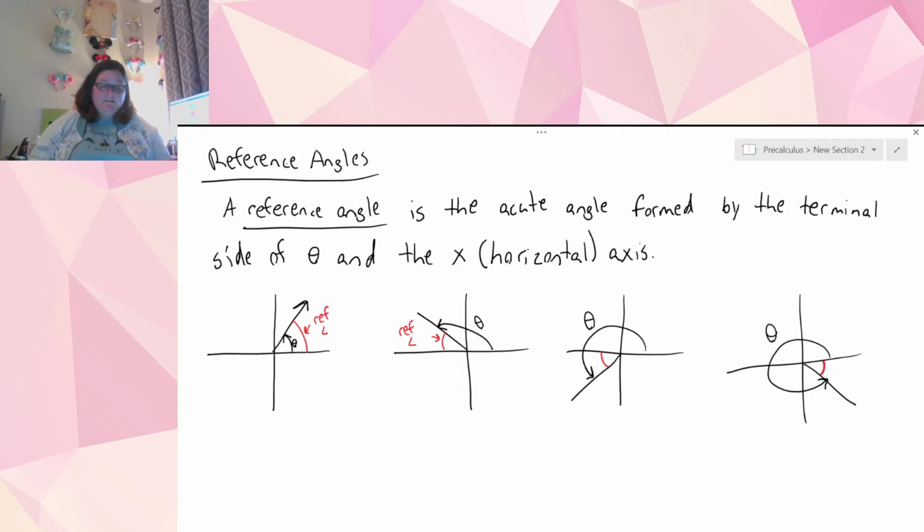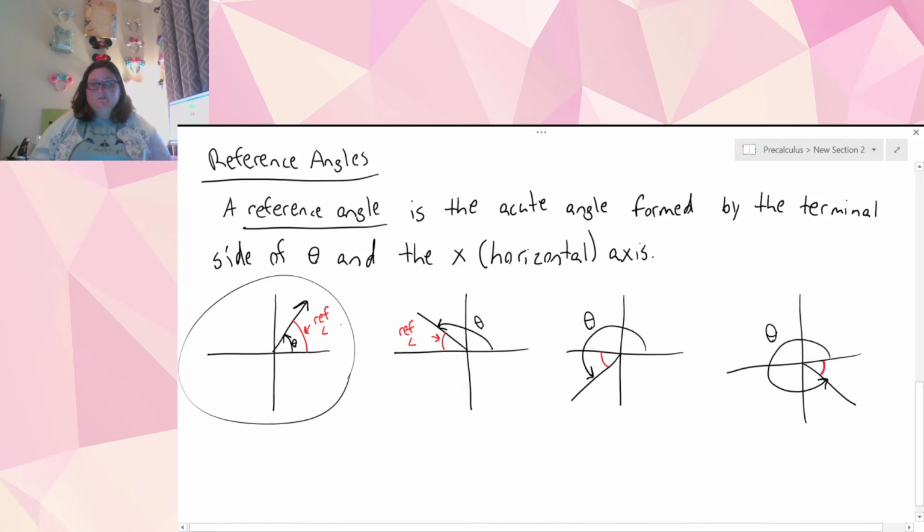So the way we calculate our reference angles, for the first one, there's not any calculation to do because that angle should be an acute angle. So whatever the angle is, that's my reference angle. For the second one, we do 180 minus theta, or if you're in radians, pi minus theta.